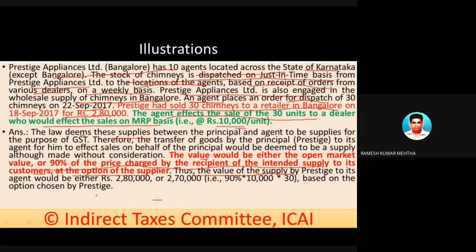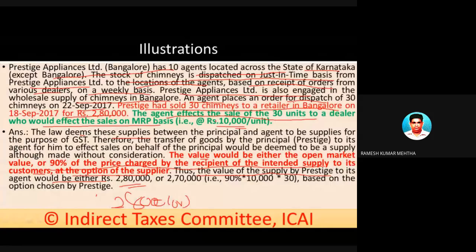The value of the supply by Prestige to its agent would be 2,80,000 rupees. What is this 2,80,000 rupees? Prestige has sold 30 chimneys to a retailer in Bangalore, which is the open market price, 2,80,000 rupees.